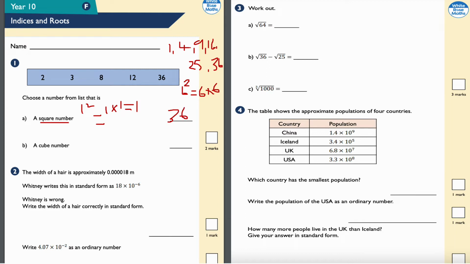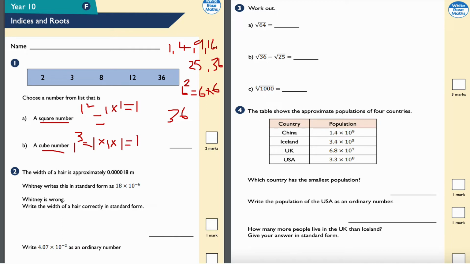A cube number from this list, again, so it's looking at power of 3. So a number raised to the power of 3, or number cubed, we say. So 1 to the power of 3 is 1 times 1 times 1, which is 1.